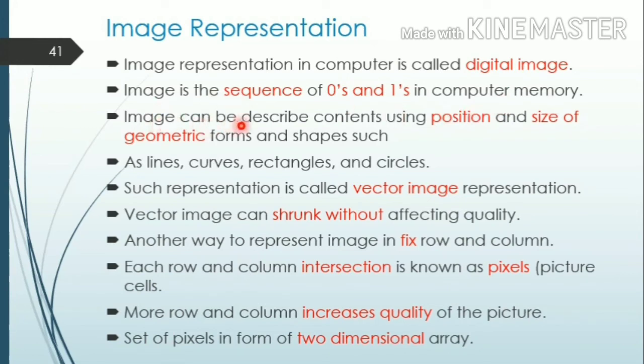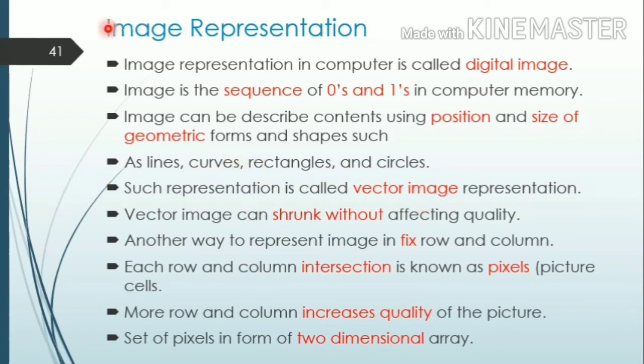An image can be described using the position and size of geometric forms and shapes, just like you are watching on this screen. Here is a different size shape, here is a different size shape, geometric shapes and forms and positions that describe an image as lines, curves, rectangles and circles. Such representation is called a vector image.